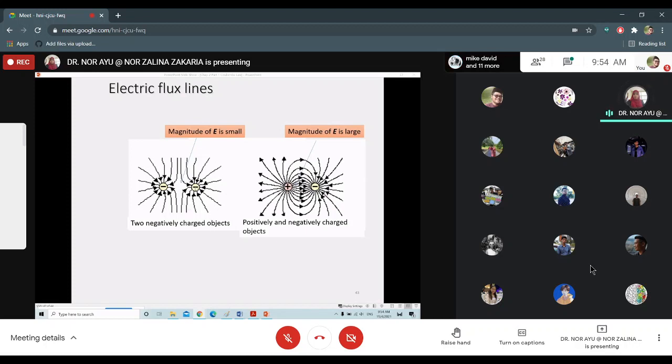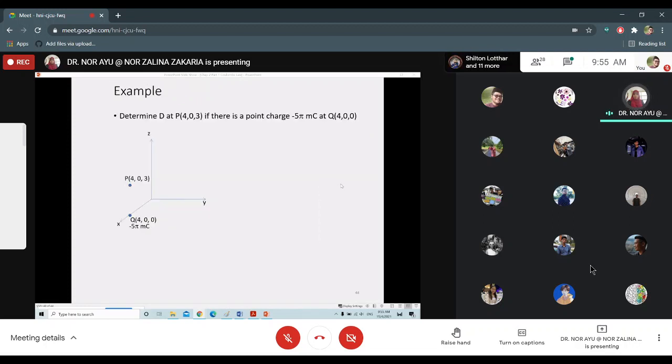Alright, so when it's negative, the flux lines go toward the negative charge. And when it's positive, they come out from the charge. Okay, so when we combine positive and negative, they will attract each other. Alright, so this is another example.